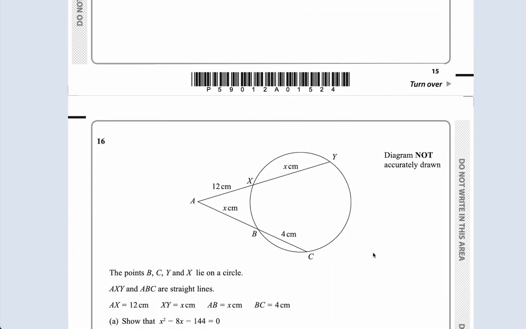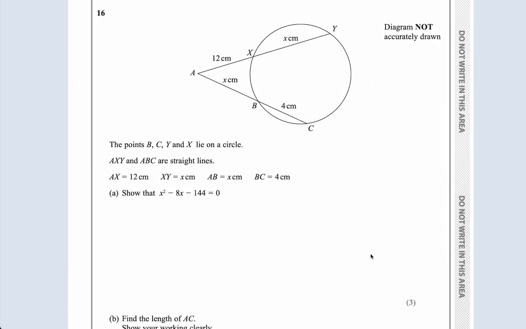Okay, question 16. Just by looking at it, guys, I can tell this is the intersecting secants theorem.